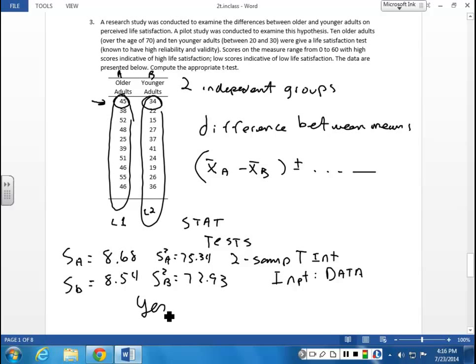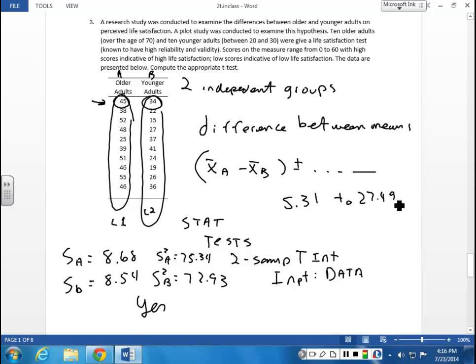And my interval would be 5.31 to 27.49. 5.3123, 27.488 if you want to carry that all the way out. That interval does not include 0. Therefore, and you'll see this is a one-tailed test, but there is a difference, and it's going to turn out that the scores were higher for older.